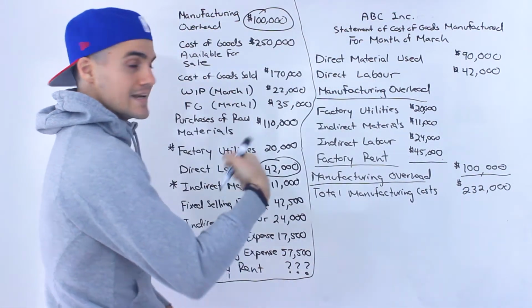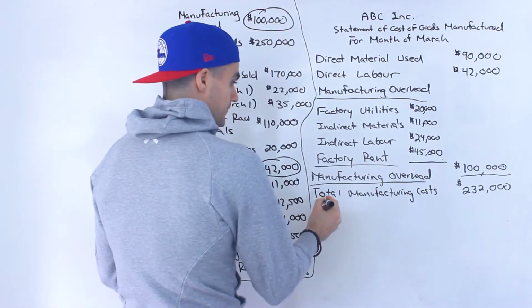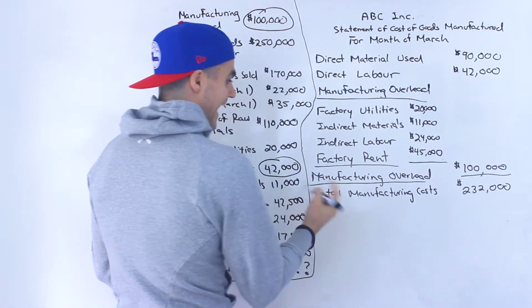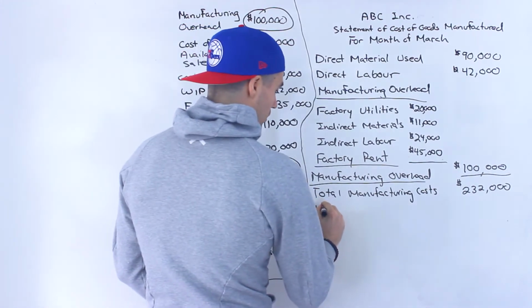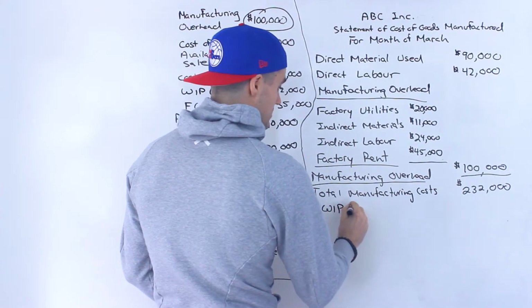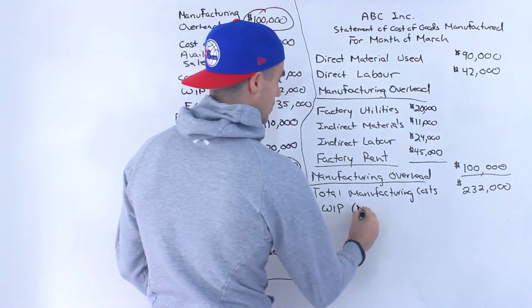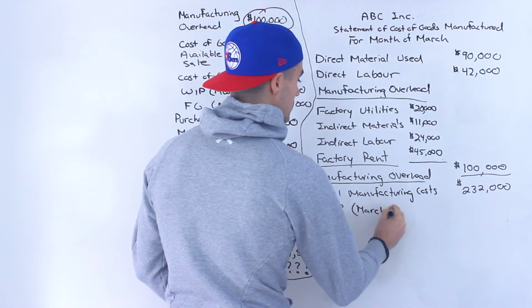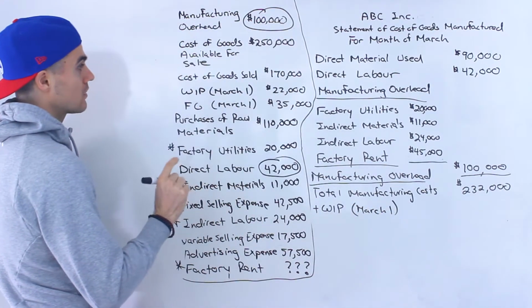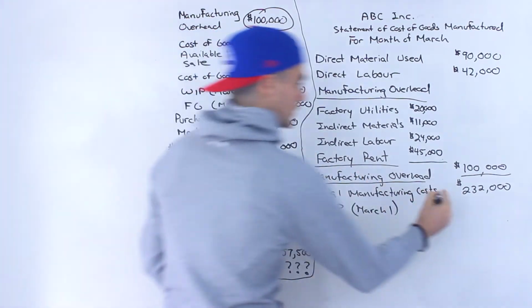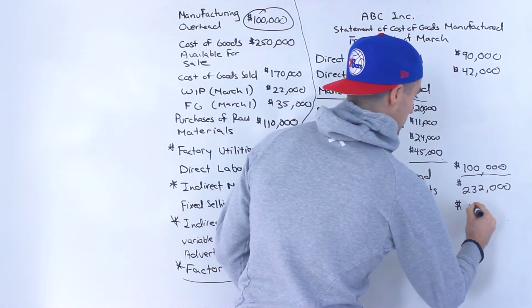Now, what is the next line? What we do now is we have to add the work in process at the beginning of the period. So on March 1st. And notice that we are given that. That's 22,000. So that's going to go here.